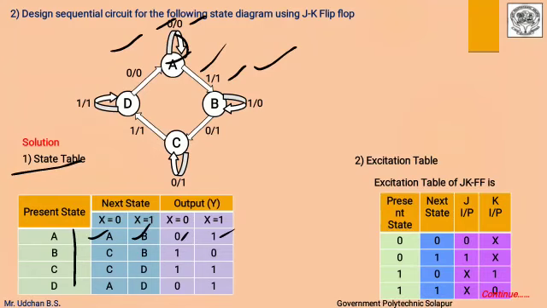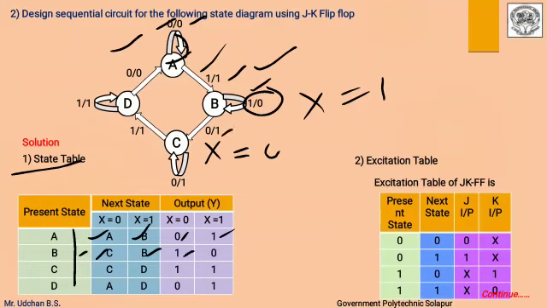After that I will write for state B. When the machine is in state B and the value of x is 1, then it remains in that state only. So for x 1, B is written over here. When the value of x is 0, it goes to state C. When x is 0, the output is 1. When x is 1, the output is 0.